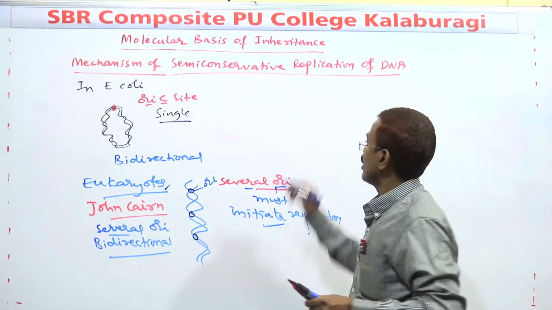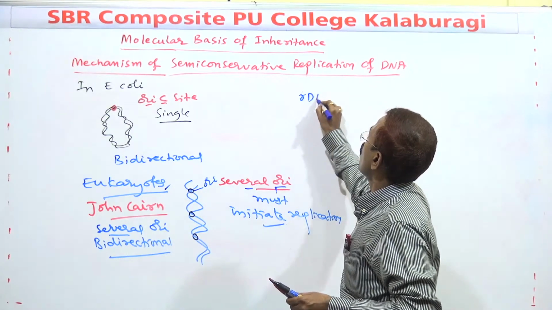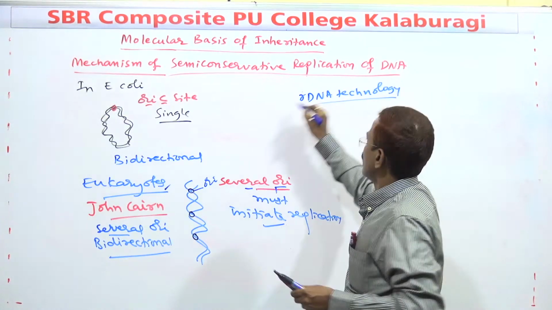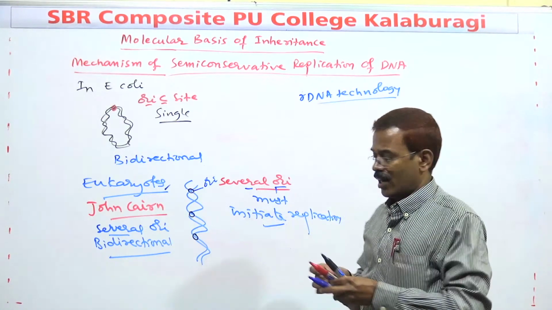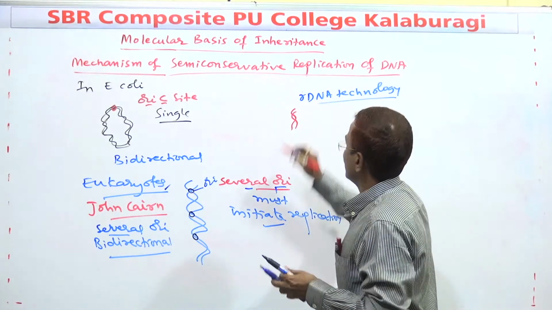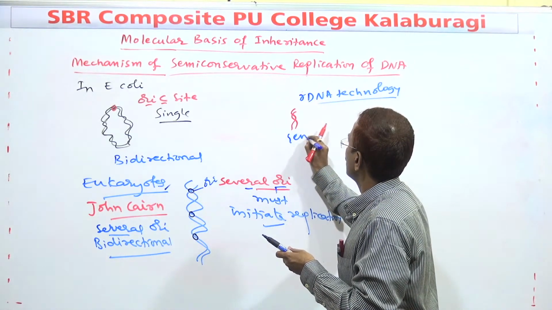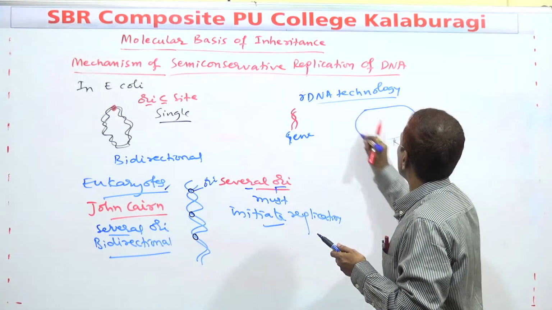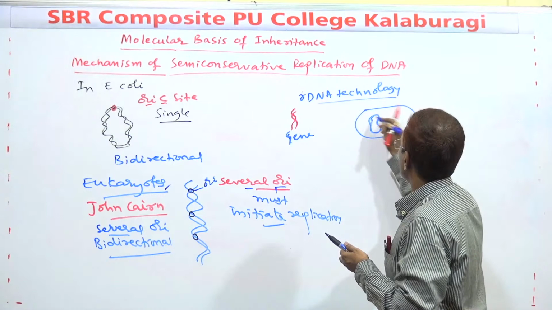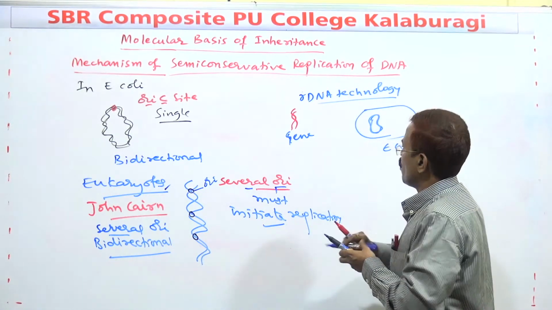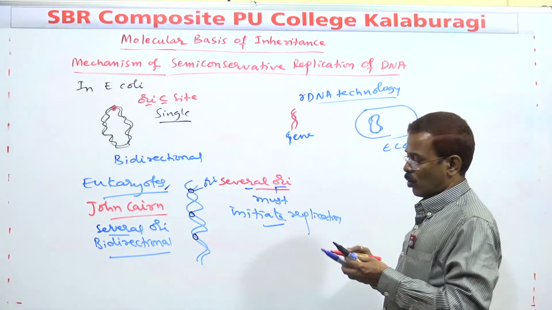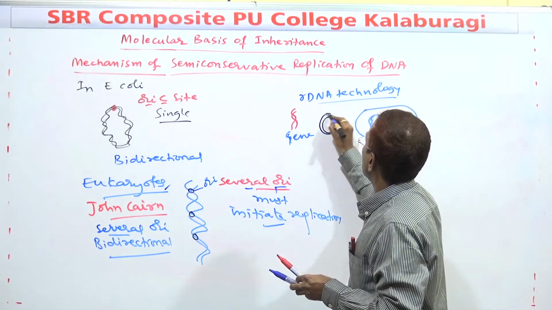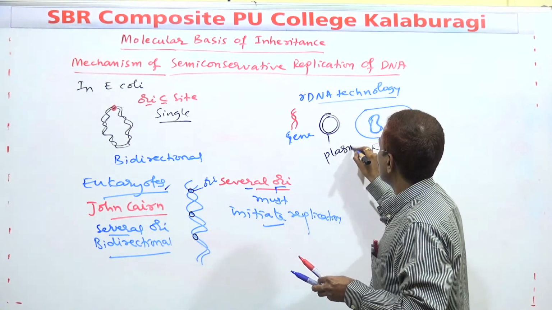So that is what matters in the case of recombinant DNA technology. To transfer a desired gene into, say, a bacterium like E. coli, we need a vector. The most commonly used vector is the plasmid.